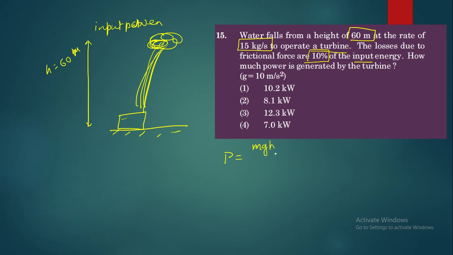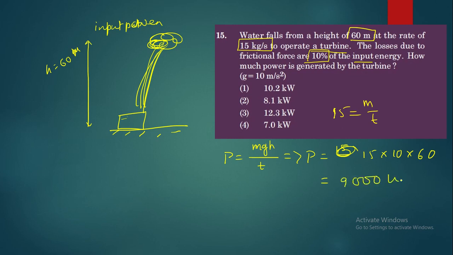The energy at that height is the potential energy, so mgh by t is the total input power. This is 15, the amount of mass per unit time, so 15 into 10 into 60. Thereby this will be equal to 9000 watt.